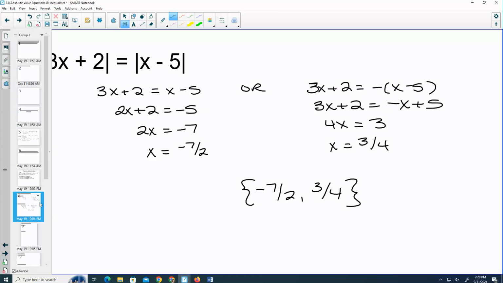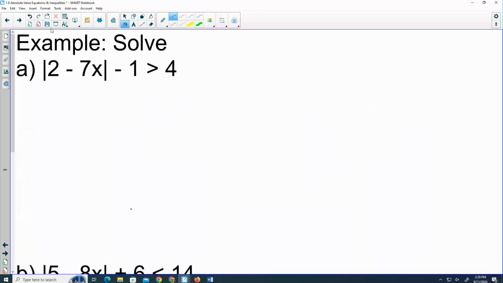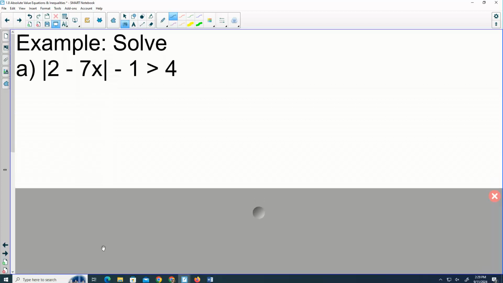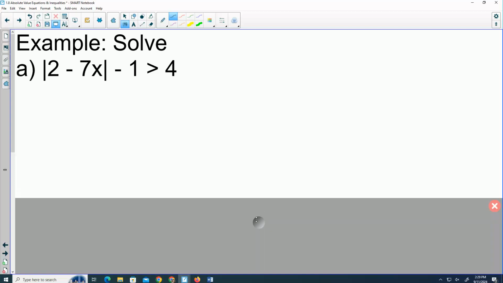Let's try a few inequalities then. Alright, the big thing to remember, whether it's an absolute value equation or inequality, before you make it two separate pieces, you have to get that absolute value by itself.